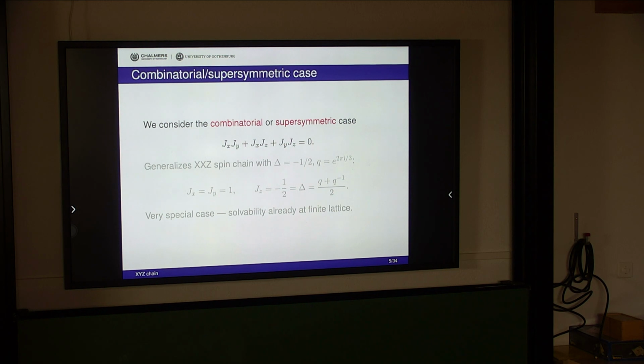Actually, I will not consider this in generality, but only a special case, which I will call the supersymmetric case, for reasons that I will come to. It's the case when the second symmetric function of these parameters vanishes. This might seem more familiar to some of you if we look at the special case of the XXZ spin chain.